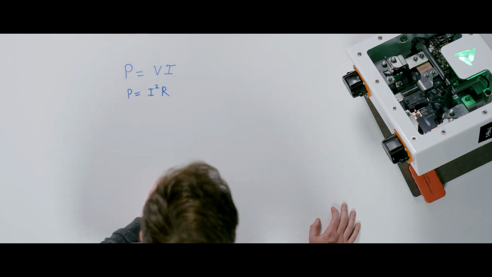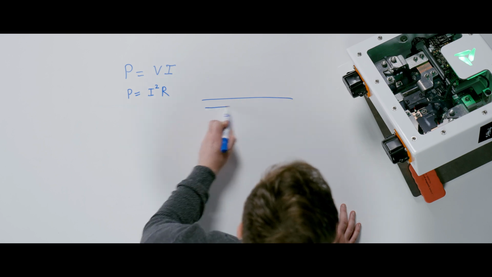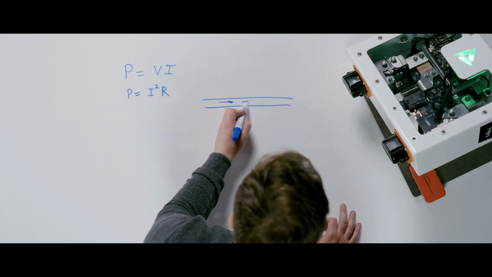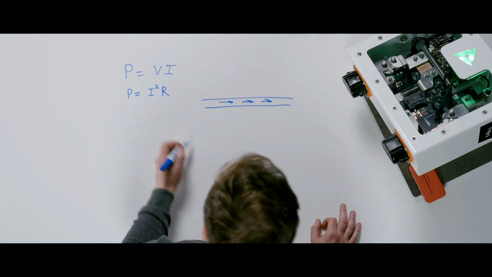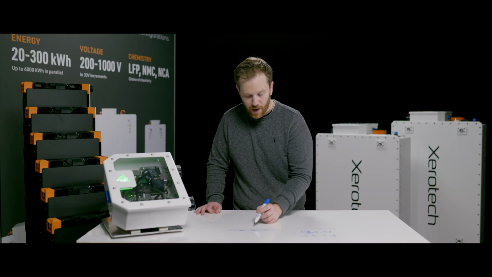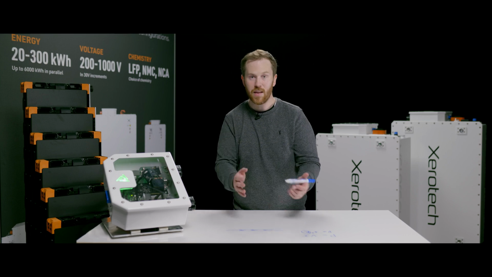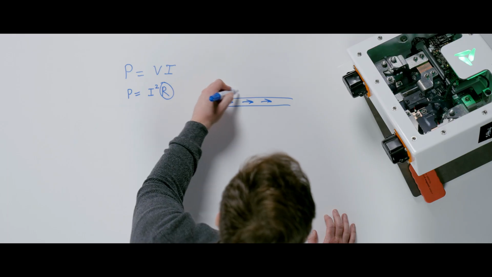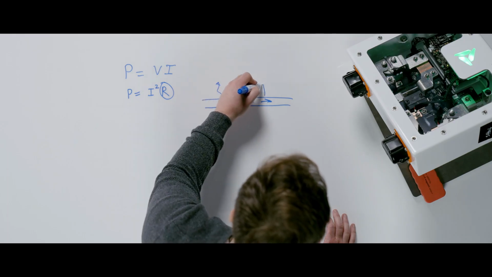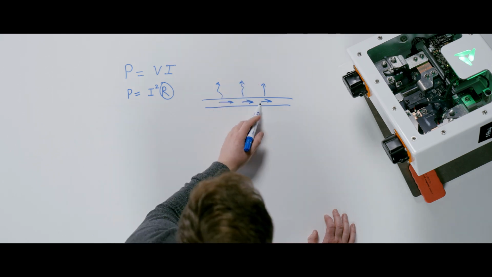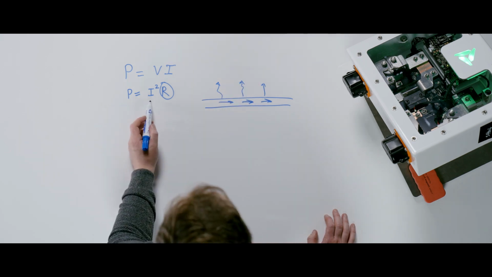What this is telling us is that as current flows down a wire, it encounters resistance. What's more important is that there's a loss, and that loss comes up as heat. Heat gets generated from the wire as the current flows down it, and it's a function of the current flowing through the wire.